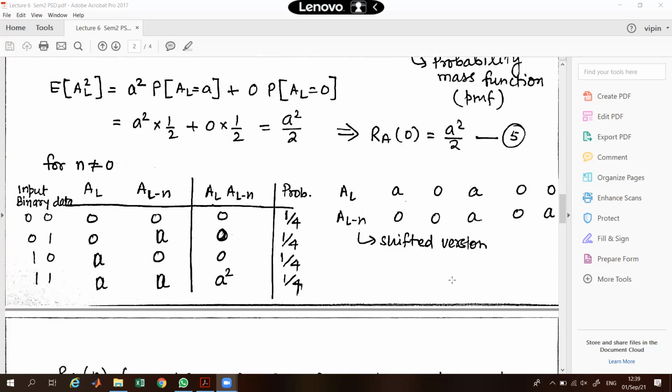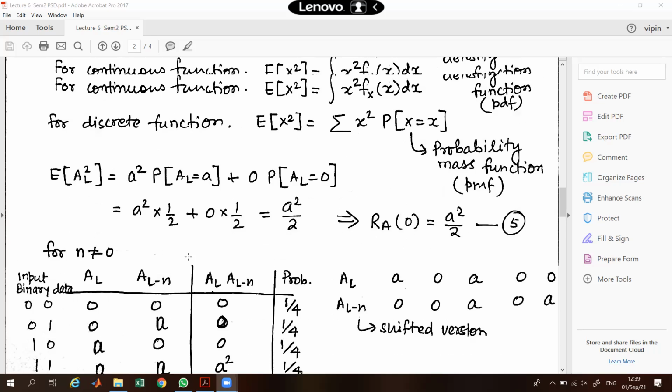Now the condition when n is not equal to 0. If we are using 2-bit binary data, then we have 4 levels available with us: 0 0, 0 1, 1 0, and 1 1. So we can write the value of A_k on this side and A_(k minus n) on this side.